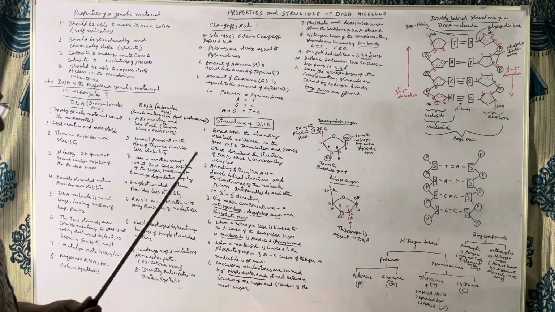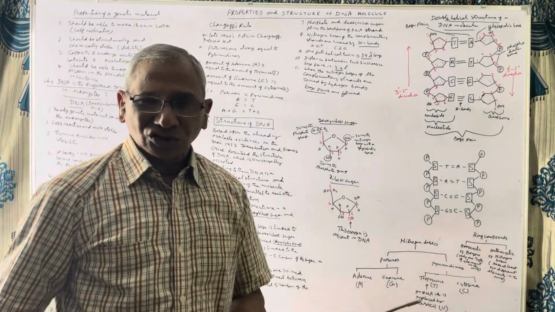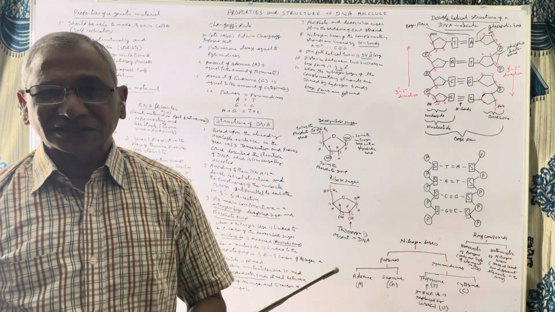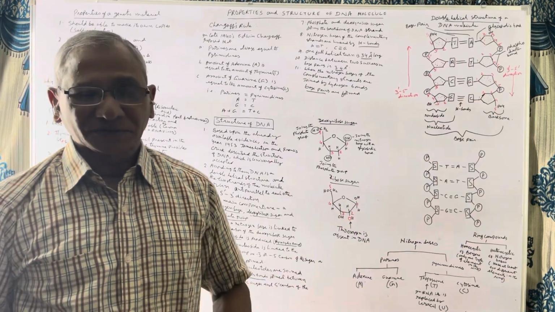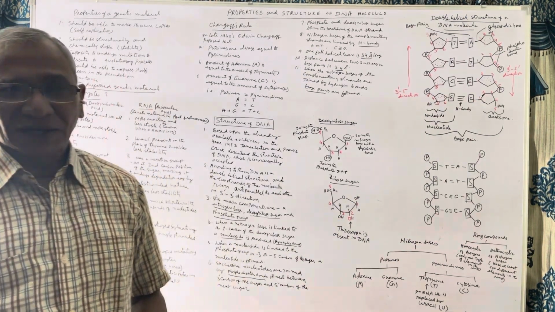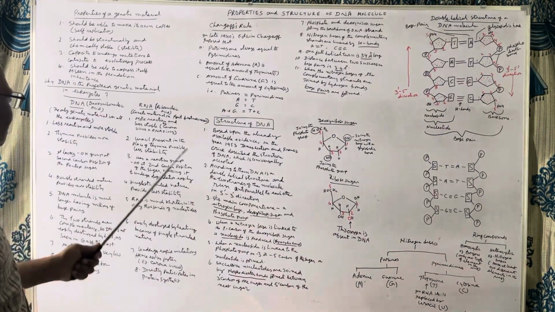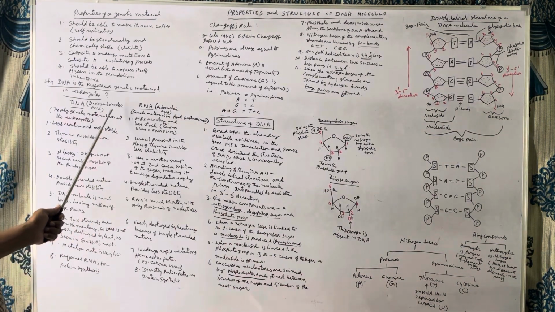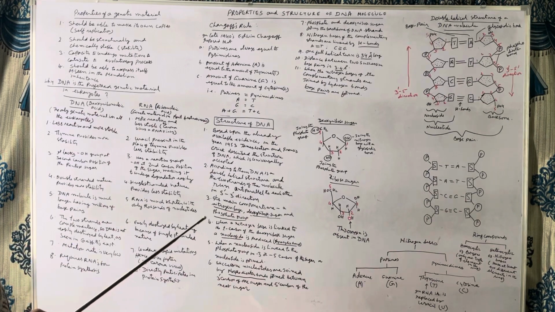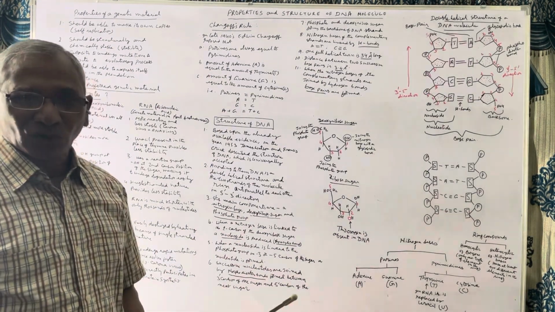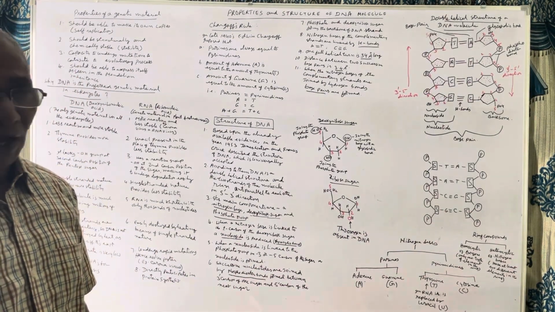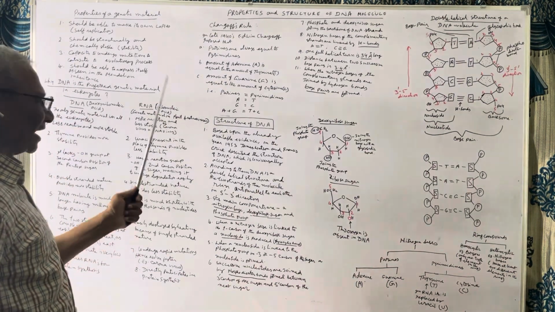Then, I have told you, in all the eukaryotes, DNA is the only genetic material. Why? Why DNA is so important over RNA? See the differences. DNA means deoxyribonucleic acid. RNA means ribonucleic acid.